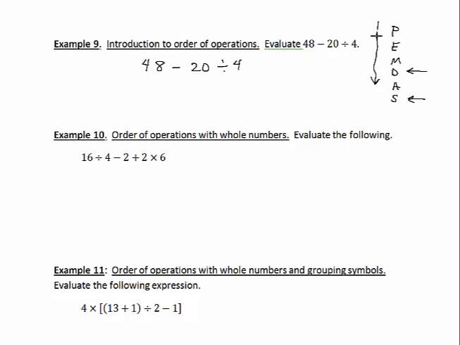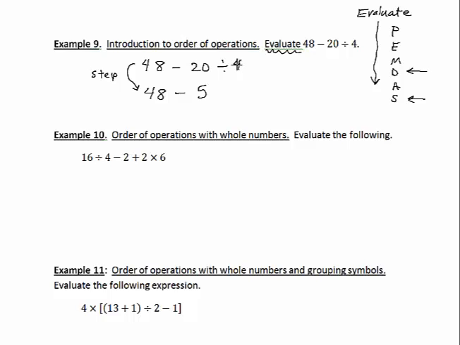We go down the list. We evaluate. It even says it right here. No parentheses, no exponents, no multiplication. We do the division. 20 divided by 4 is 5. Now, we bring down everything that we didn't use in the previous step. If I ever say step, this is what I'm talking about.